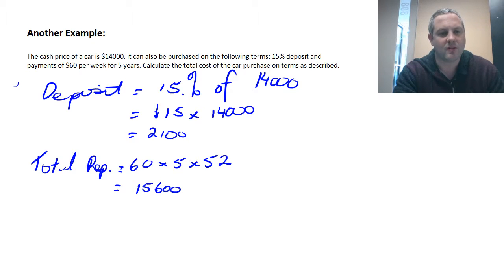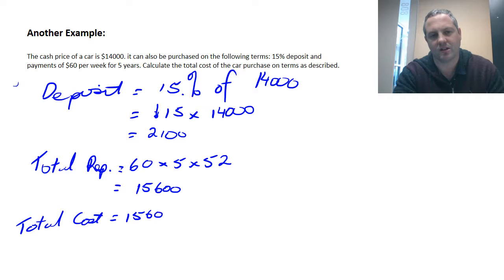Then we have to obviously do the total cost. Now, if you remember, the total cost is your total repayments of $15,600 plus the $2,100. You're ending up with $17,700, and that's your total cost.